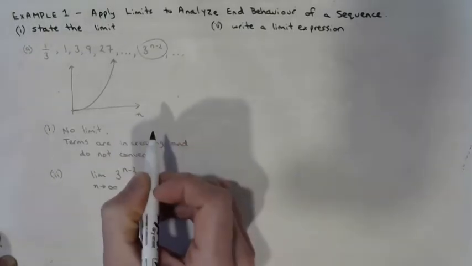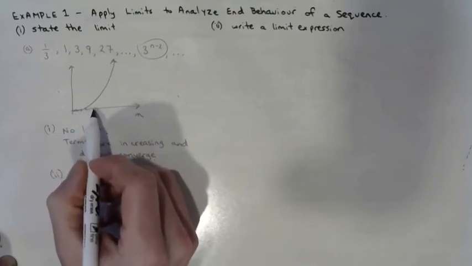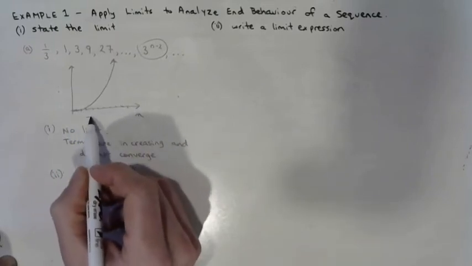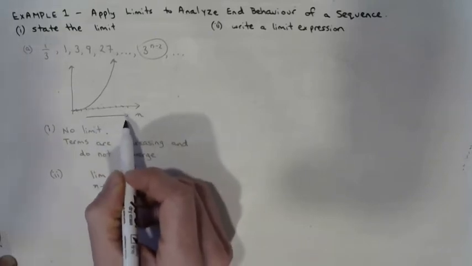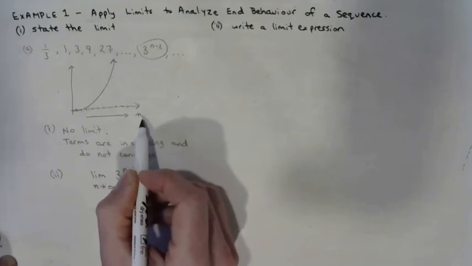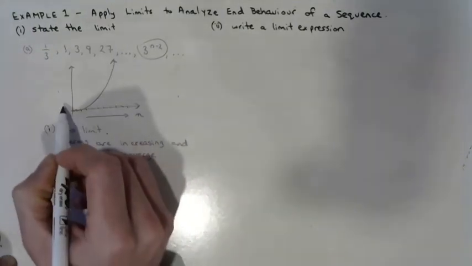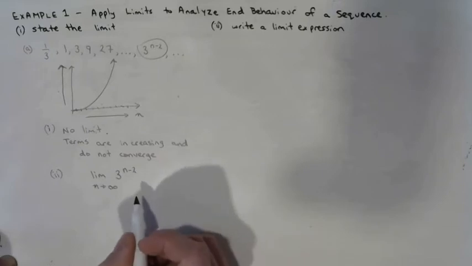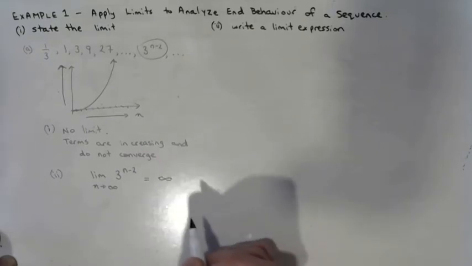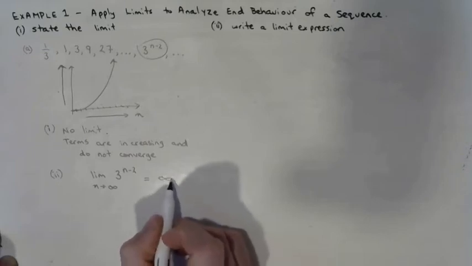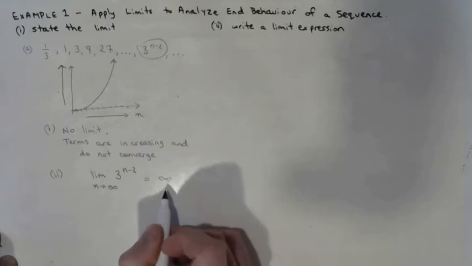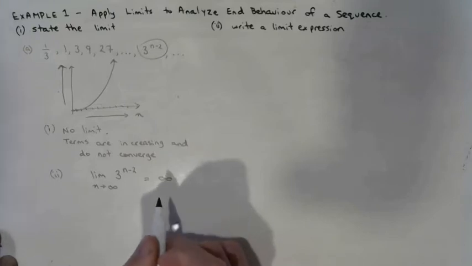So here's n, the term number, and n is going to go on and on. And as n approaches infinity, we just put in higher and higher values for n. What happens to the value of the function itself? Well, it also approaches infinity. Basically, this just indicates that the value of each term is getting larger and larger positive values. It's increasing without bound, so the limit does not exist.